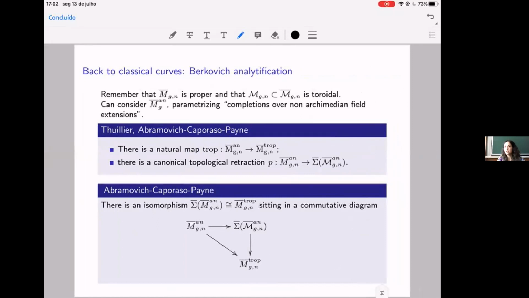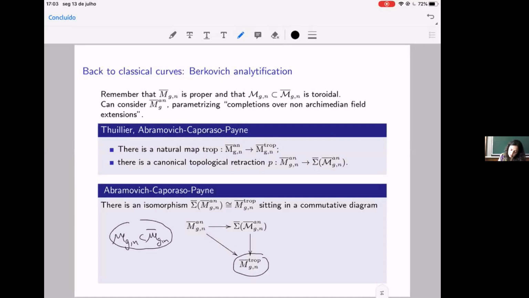Maybe I can start the Wednesday lecture by telling you a little bit more about this picture if you wish, but let me just tell you that there is a very beautiful work due to Abramovich, Caporaso, and Payne, who showed that the way the generalized cone complex structure of M_{g,n}^trop arises is really something that comes intrinsically from the geometry of the compactification of M_{g,n} inside M_{g,n} bar. So consider M_{g,n} inside M_{g,n} bar. As I said, this has a toroidal structure.